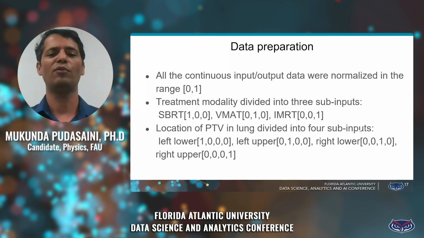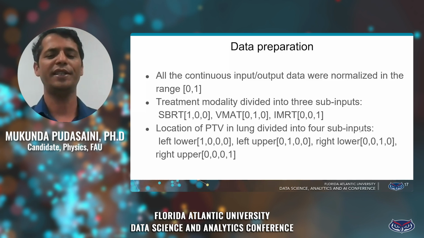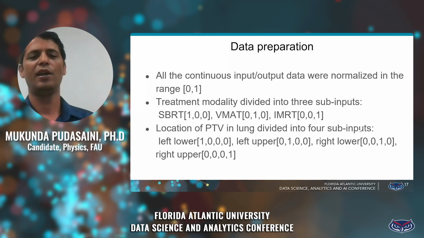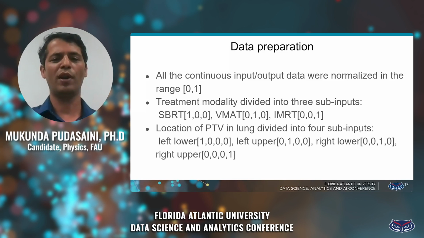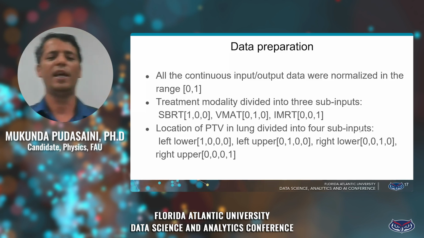For our non-numeric data, treatment modality, we have 3 different modalities: stereotactic body radiation therapy called SBRT, volumetric modulated arc therapy called VMAT, and intensity modulated radiation therapy called IMRT. Those 3 modalities we divided into sub-input categories and assigned them values 100, 010, and 001.